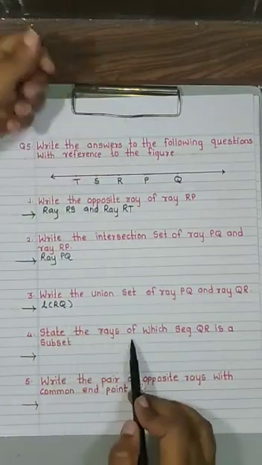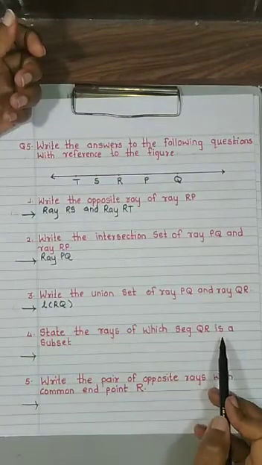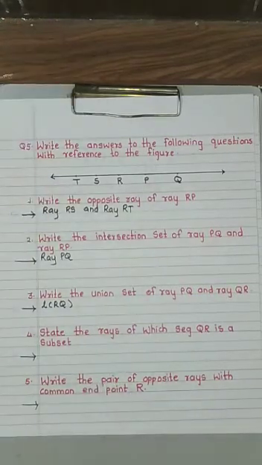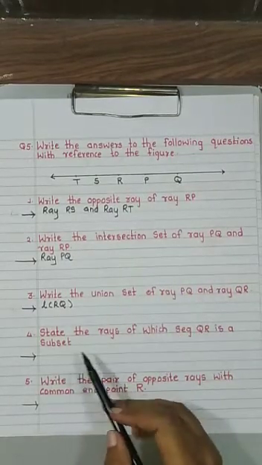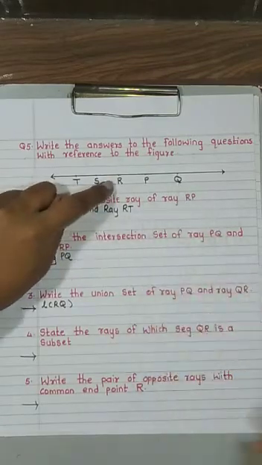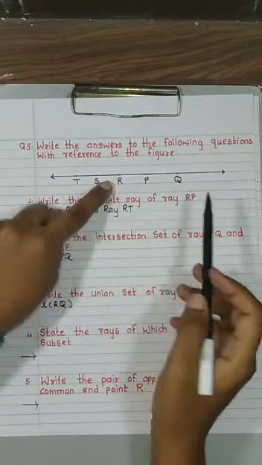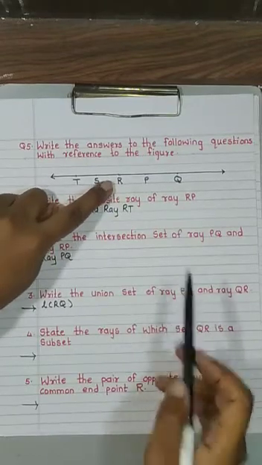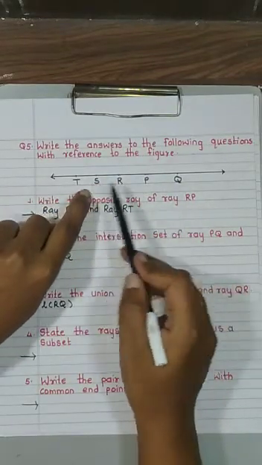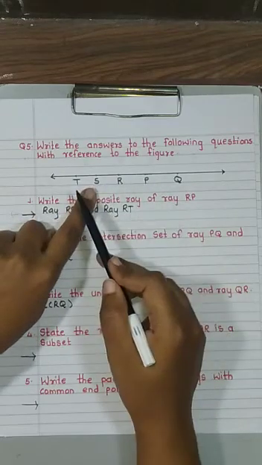State the rays of which segment QR is a subset. Now you can see seg QR. Seg QR is a subset of RS, QS, QT.